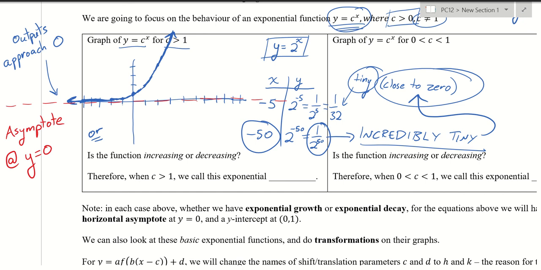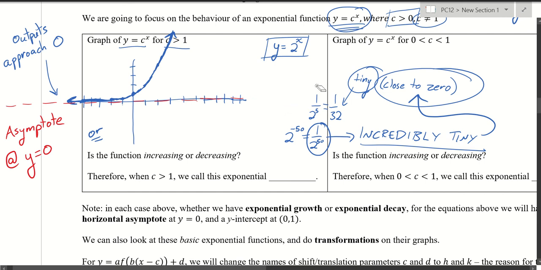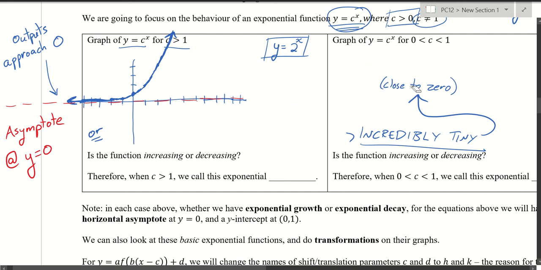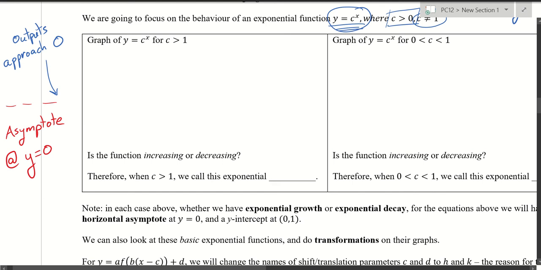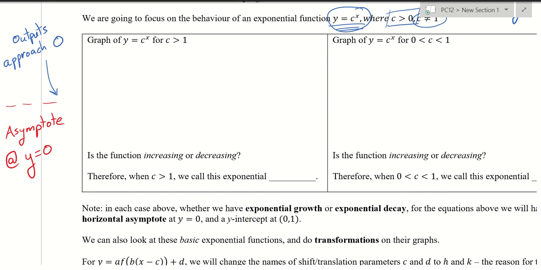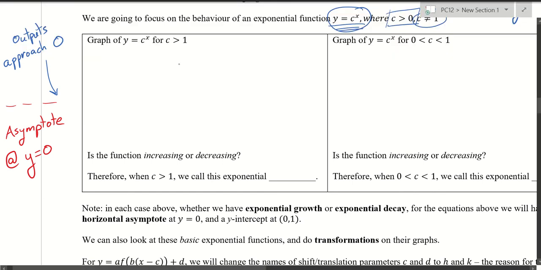Now, this kind of appearance for our graph is going to be true, actually, for absolutely every exponential function with a base that is larger than 1.